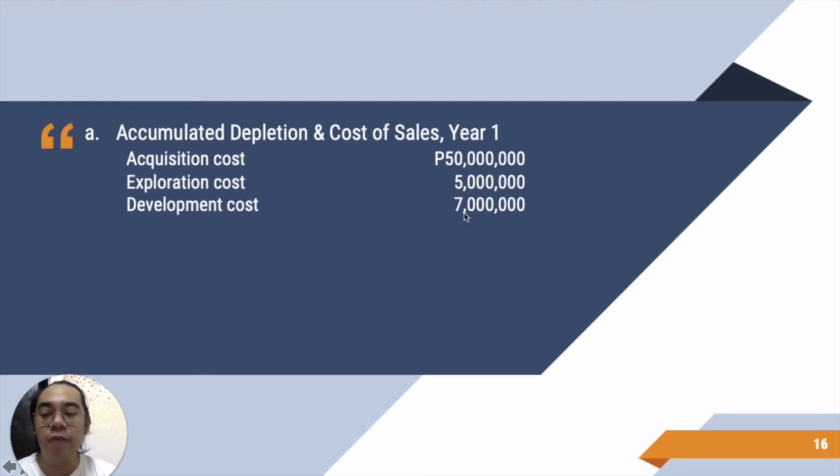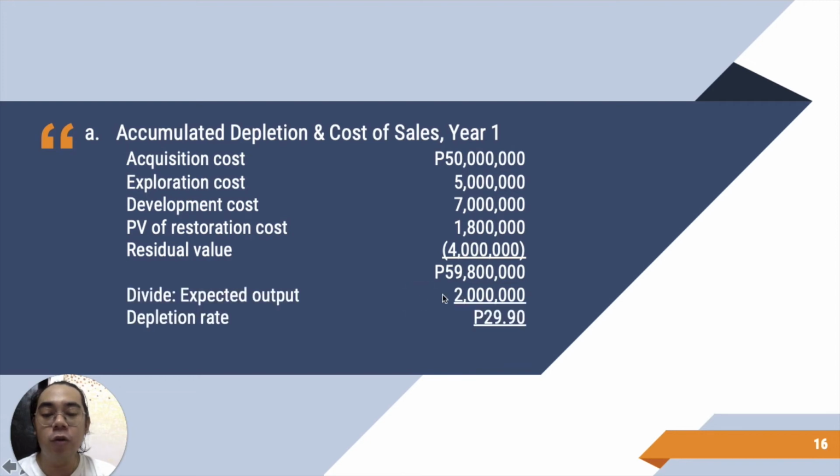Take note, yung development cost related sa equipment, hindi po siya part ng wasting asset, kundi siya ay may sariling PPE item. Present value of restoration cost, 1,800,000. And then less the residual value of 4 million. Ang ating total ay 59,800,000. We divide it by the expected output, which is 2 million. Ang depletion rate natin for year 1 is 29.90.